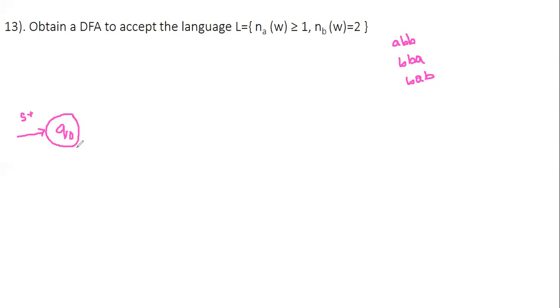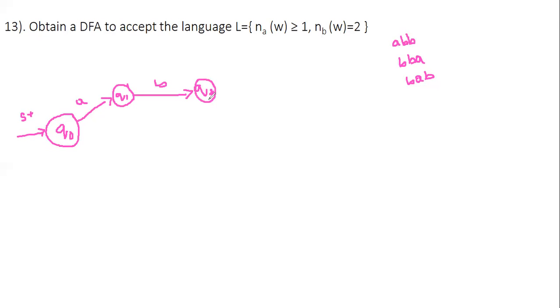According to this, if you are getting ABB, it should be accepted, right? So if a string begins with A, I will change the state from Q0 to Q1. Then later BB you are having: Q1, if it is receiving B, will change its state from Q1 to Q2 exactly.